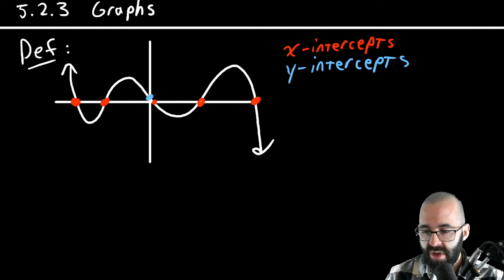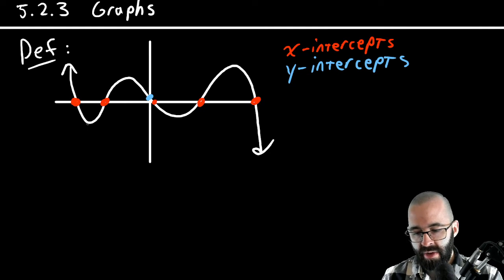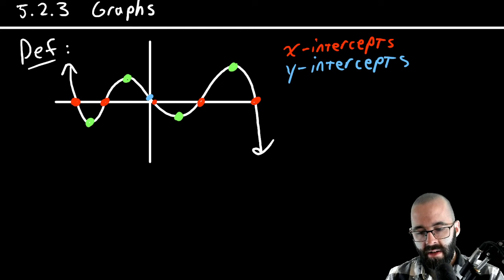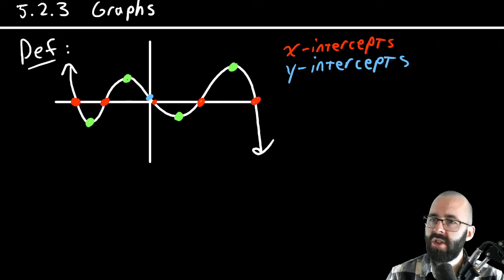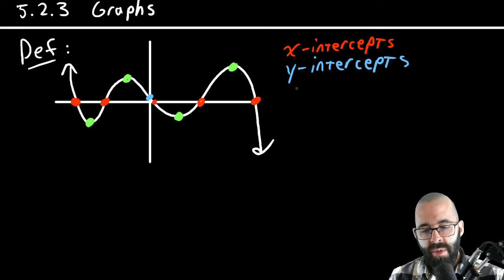But then some new things that we're going to talk about are right here and right here. These have a lot of names, honestly. These are called turning points, primarily in the book.